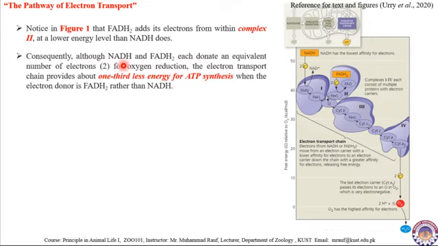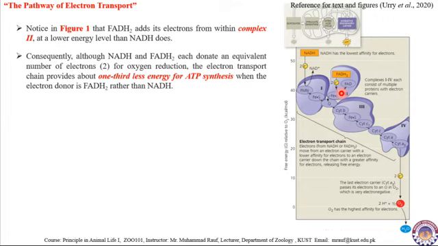Consequently, although NADH and FADH2 each donate an equivalent number of electrons, that is 2 for oxygen reduction, both of them donate 2 electrons, but because of their entry, NADH enters complex 1, FADH2 enters complex 2.